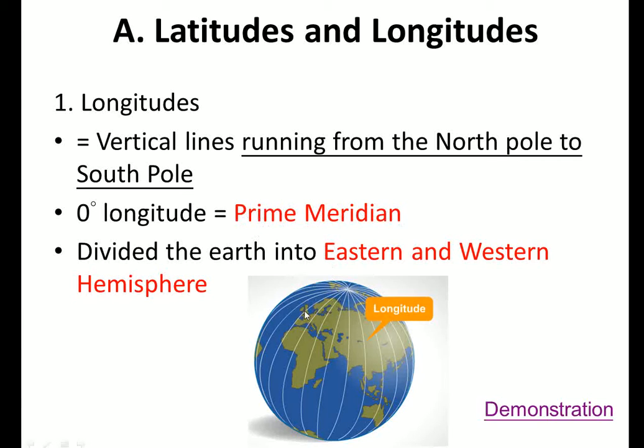This prime meridian goes through a country, England, because this line cuts through the Greenwich Observatory of London. 佢經過倫敦嘅格林威治天文台。Okay, so this special longitude that I am pointing at is called the prime meridian, 本初子午線. And then it cuts the Earth into east and west.